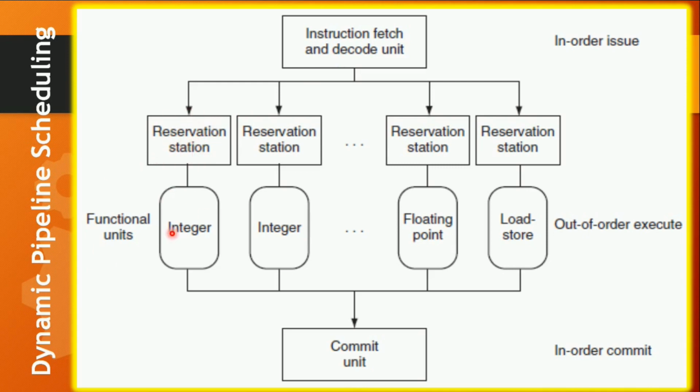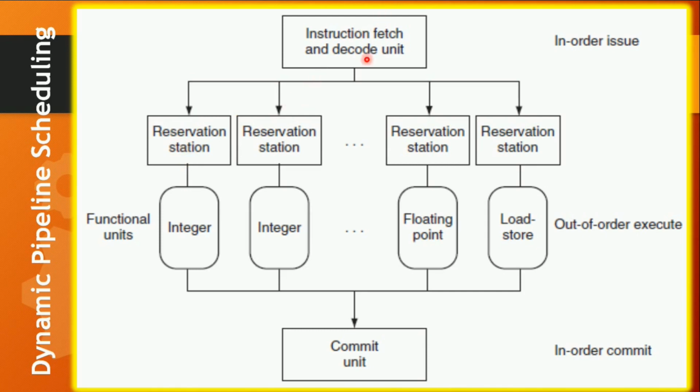Each functional unit will have a buffer. The name of this buffer is the reservation station. The reservation station holds the operands as well as the operation decoded by the instruction fetch and decode unit. Once all the operands are available for the operation that has been loaded into the reservation station, the functional unit will perform that particular operation.